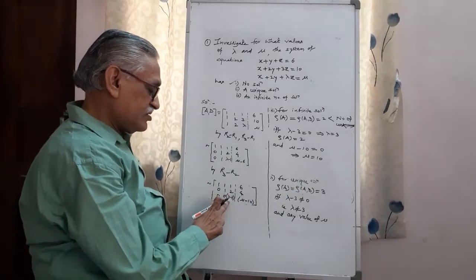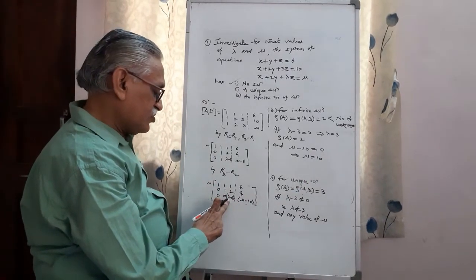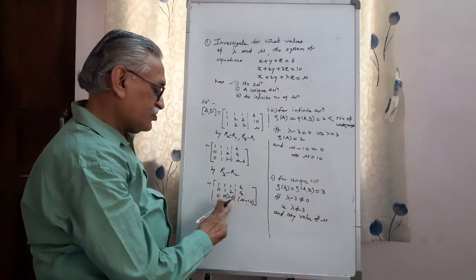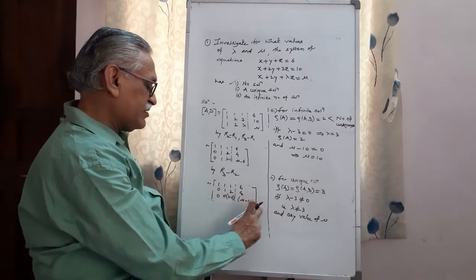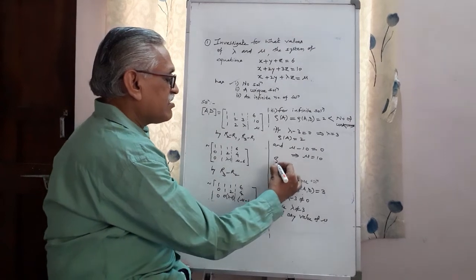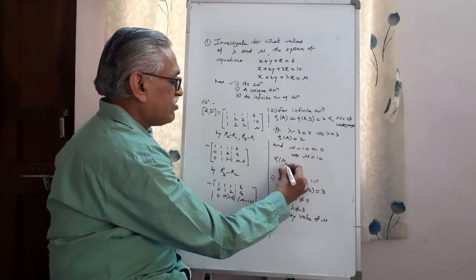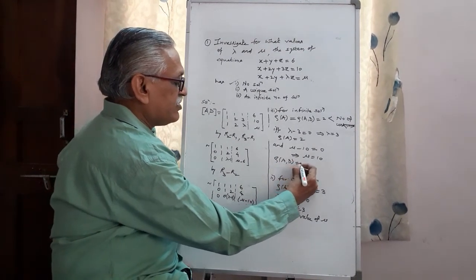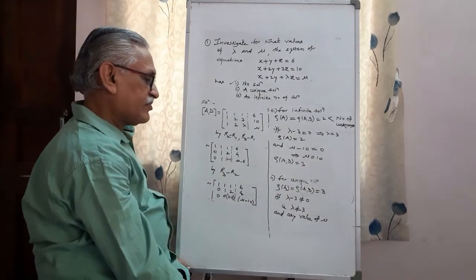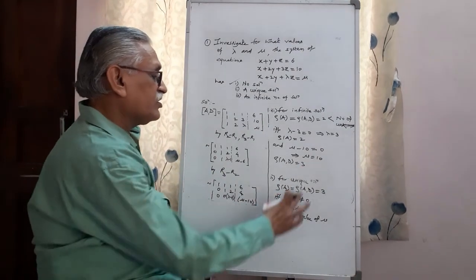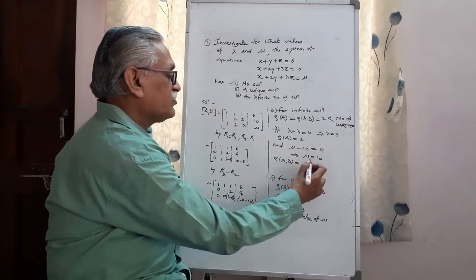If this is 0 and this is also 0, if both are 0, then this becomes a 0 row, then rank of the augmented matrix is 2.